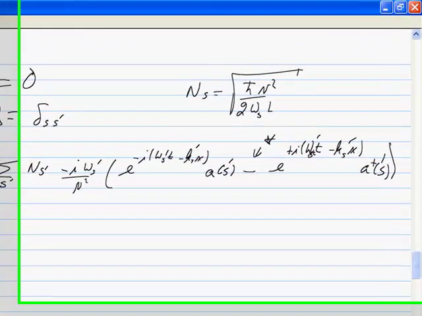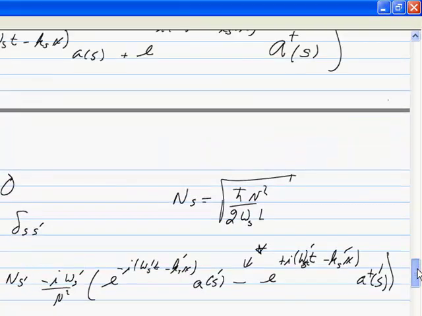All right, so let's see. It's the sum over s and s prime, N s and N s prime. There's a minus i omega s prime over v squared sitting out in front there.